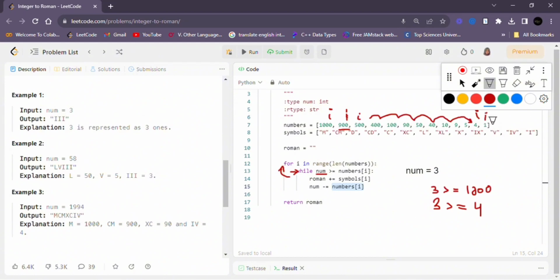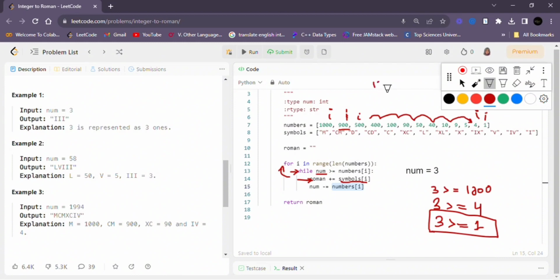It will pick 1. It checks whether 3 is greater than or equal to 1. The condition is satisfied here, so the while loop will run. For the same position, i is now 12 (counting 0, 1, 2, up to 12).